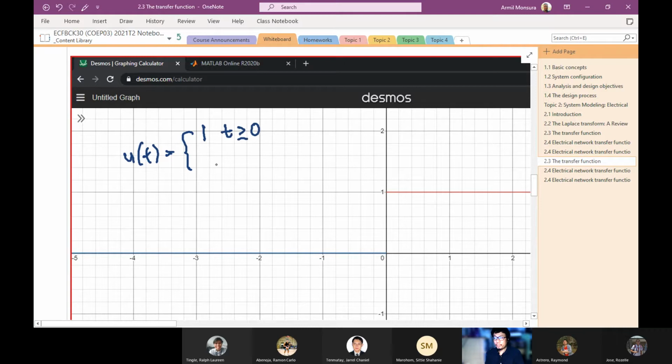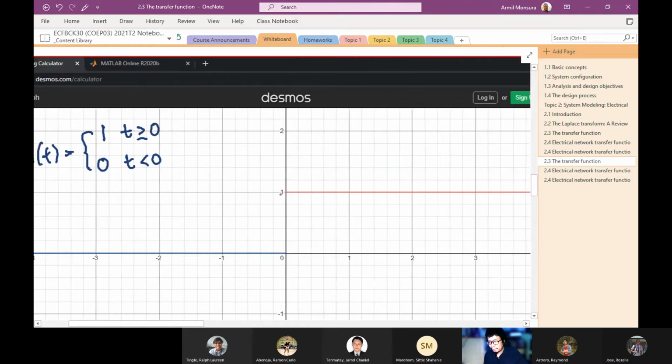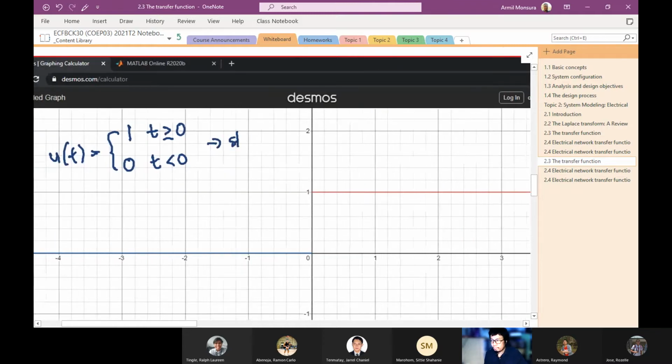And then the other half of the definition is that it is 0 for t less than 0, for negative values of t. Okay. So, itong step signal to, this is called a step signal.